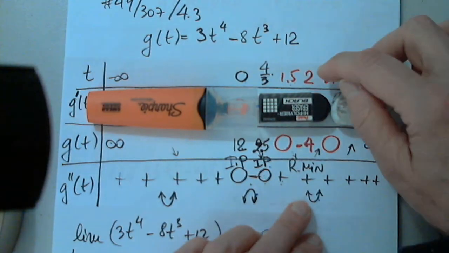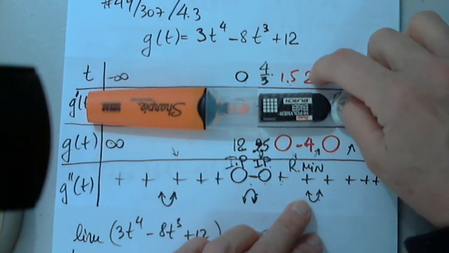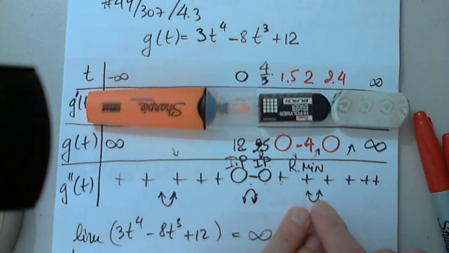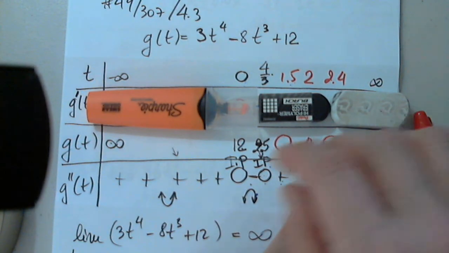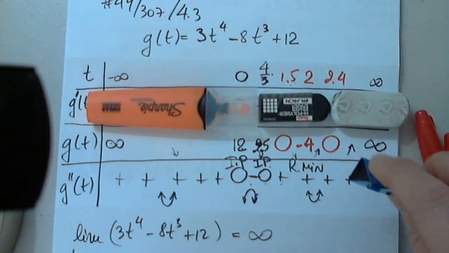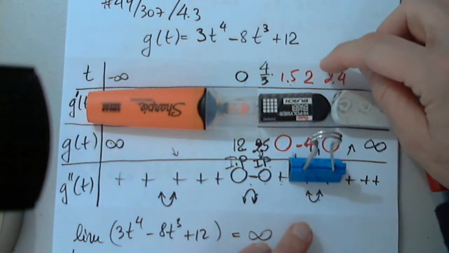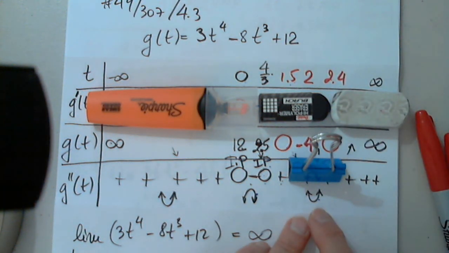I'm looking at the second critical number, which is 2. I know that this is a critical number, and I know that the second derivative is positive, which means the function has to look like this. What type of point can (2, -4) be?